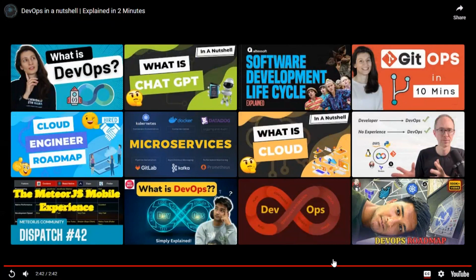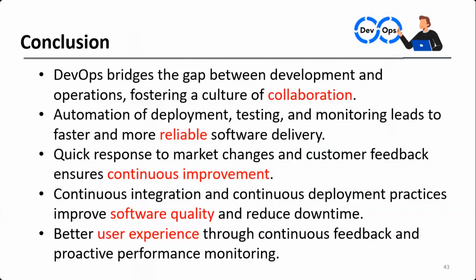Okay. Next, we move to the conclusions. We can say that DevOps enhances collaboration by bridging the gap between development and the operation team and fostering a culture of collaboration.